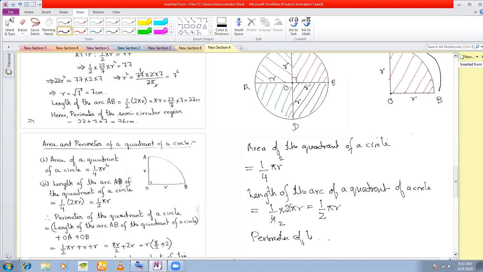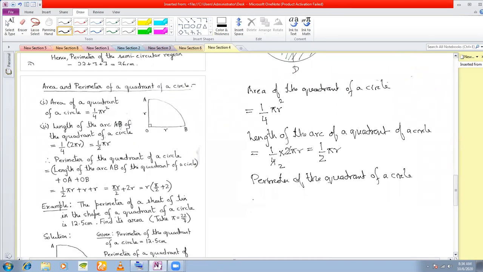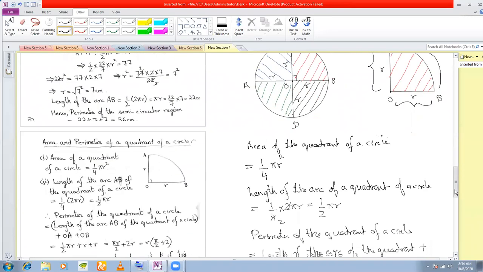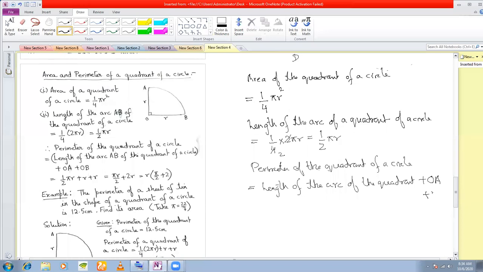The perimeter of the quadrant of a circle is equal to the length of the arc of the quadrant plus OA plus OB, that is r plus r. So the length of the arc of the quadrant is half pi r, plus r, plus r.